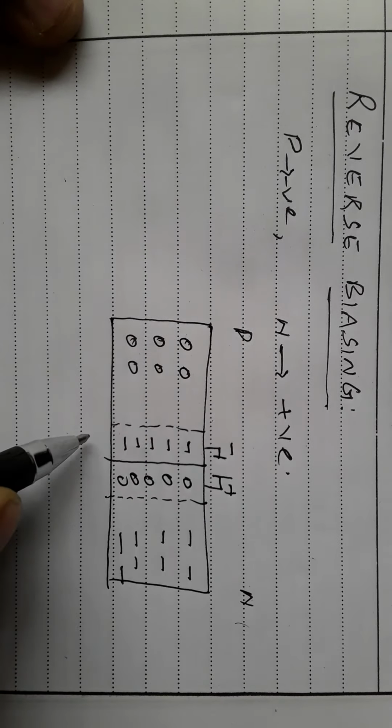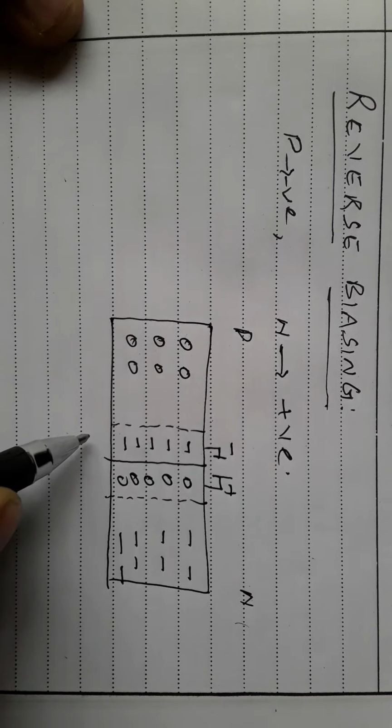So we can say that the majority charge carriers move away from the junction. Therefore, the depletion layer increases in the reverse biasing.